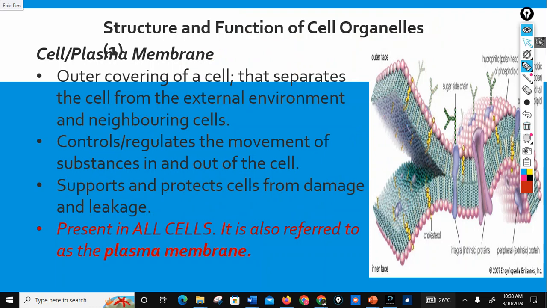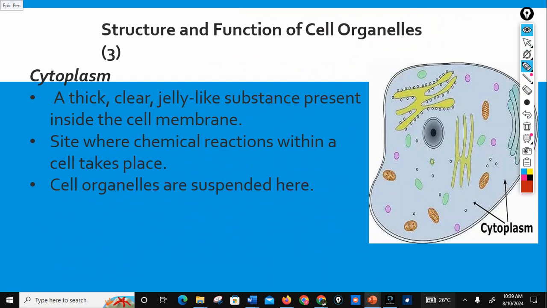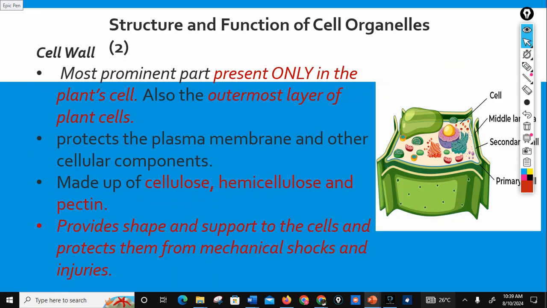Let's proceed to the next slide, which is the cell wall. The cell wall is the most prominent part present only, take note of the word only, in the plant cell.